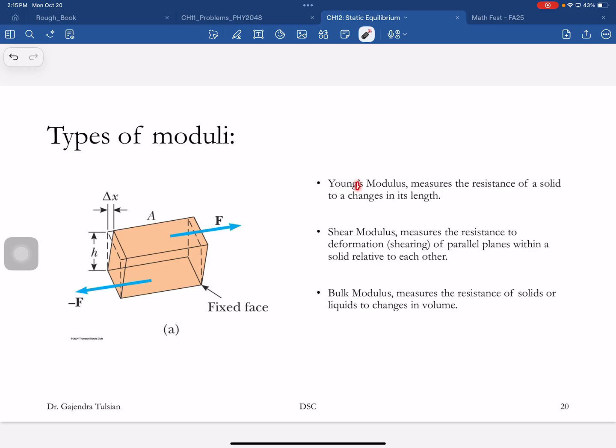These moduli are large for stiff materials. The stiffer the material, the larger those numbers are. Of course, if you're building bridges and stuff like that, you want stiff material.